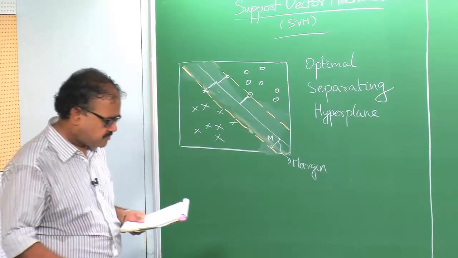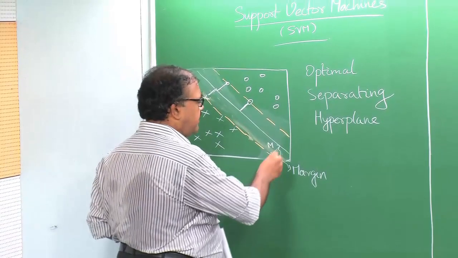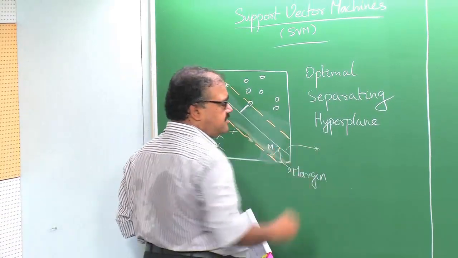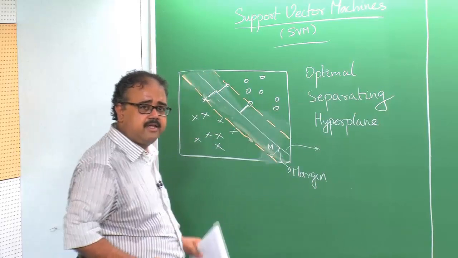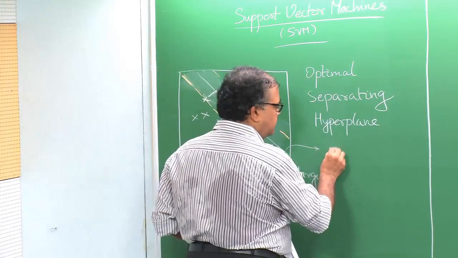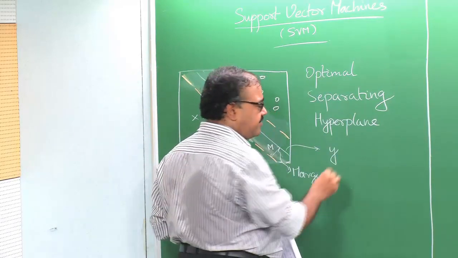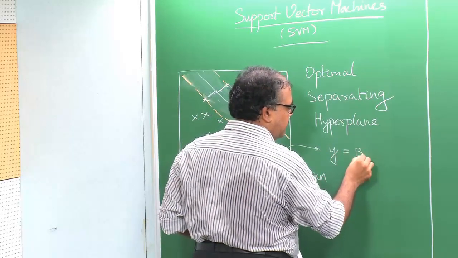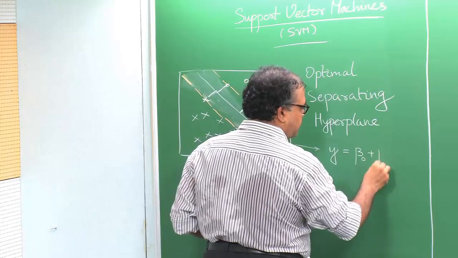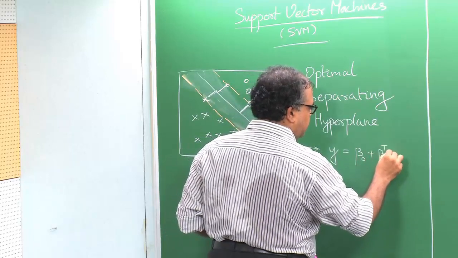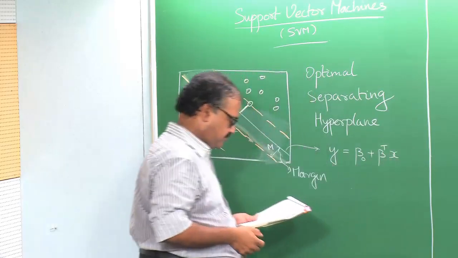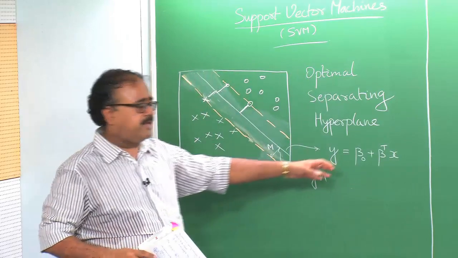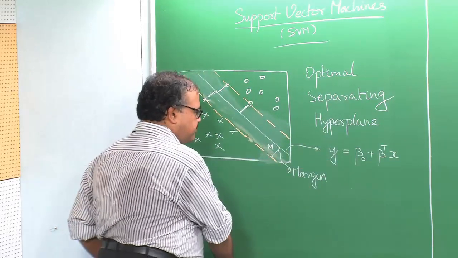Okay. So, let us step back and think about what such a line means. In all linear classifiers we have seen so far, we know that we are going to say something like y is beta naught plus beta transpose x.